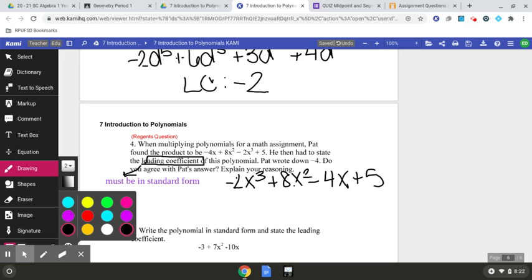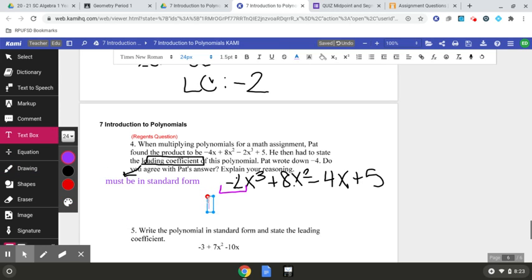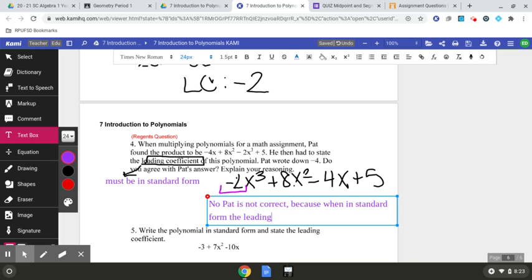So now that my polynomial is in standard form, my leading coefficient is a negative 2. So is Pat correct? We're going to say no, Pat is not correct, because when in standard form, the leading coefficient is negative 2. And again, that was a Regents question. You'll notice that a lot of times with these Regents questions, you have to be able to explain.